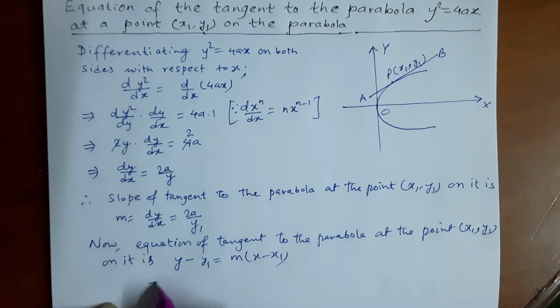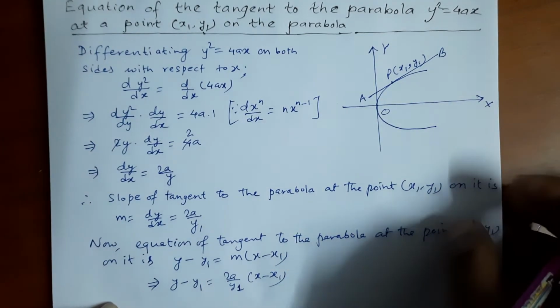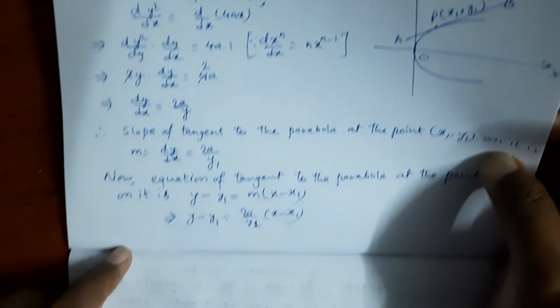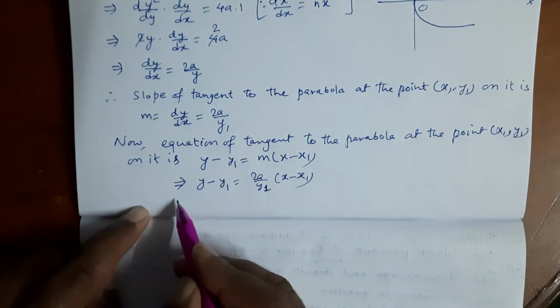We do that. y minus y1 equals m, which is 2a over y1, times x minus x1. And now we can cross multiply.